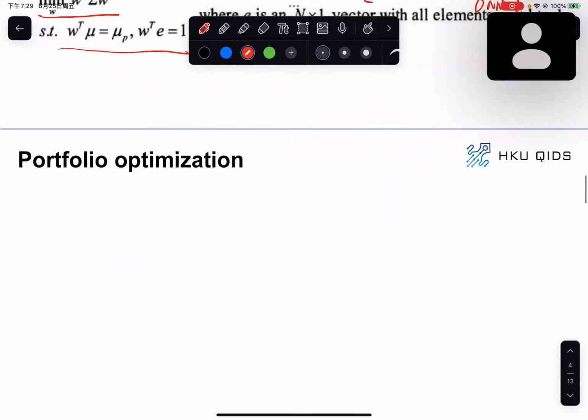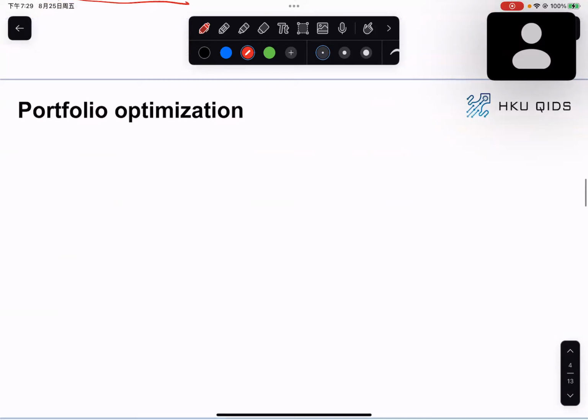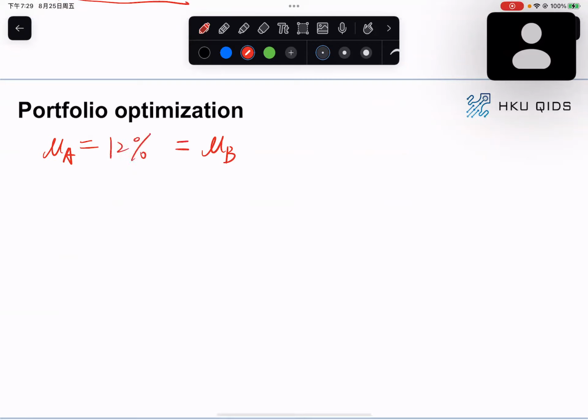Okay, so let's try to solve the original question. We have mu A and mu B. Mu A is equal to 12%, equal to mu B. The standard deviation sigma A is 0.2, 20%, and the standard deviation of B is 0.3.